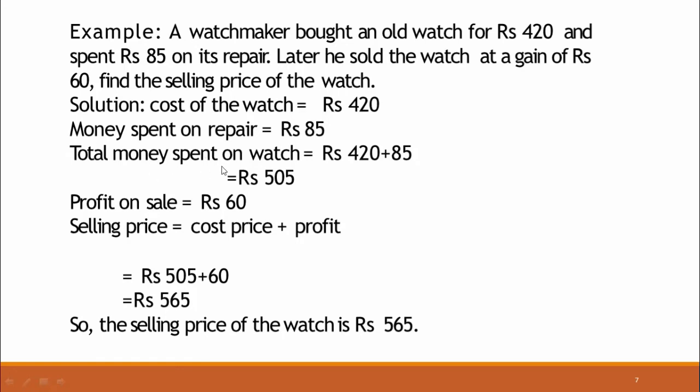So the total cost is 420 plus 85, which is equal to 505. Now the profit on sale is 60 rupees. So profit is given, and the selling price, using the formula cost price plus profit, with cost price 505 and profit 60 rupees, is 565. So the selling price of the watch is 565 rupees.